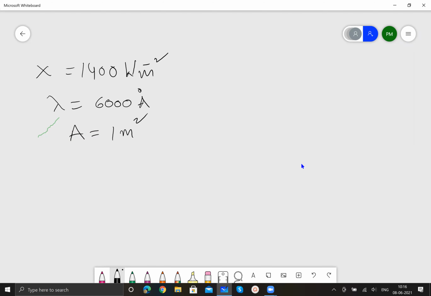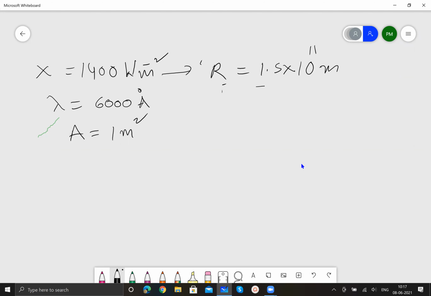Sorry, find the number of photons emitted from the sun per second, assuming the mean radius of Earth's orbit around the sun as 1.5 into 10 to the power of 11 meters.